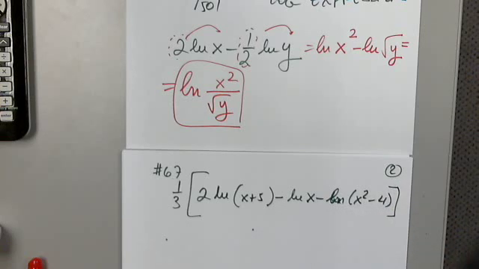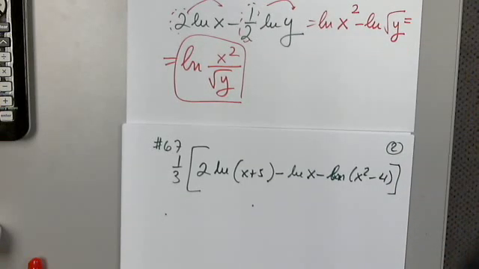Close the parenthesis and close the bracket. It's the same question. We want to condense into 1 log, with nothing in front of the log, actually 1, but no other number, and just one log.